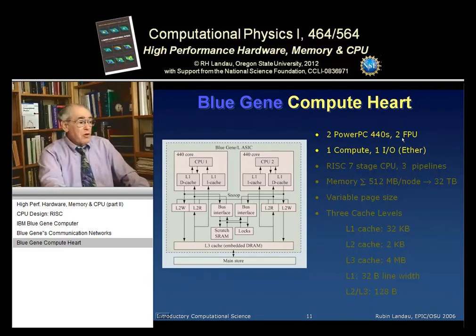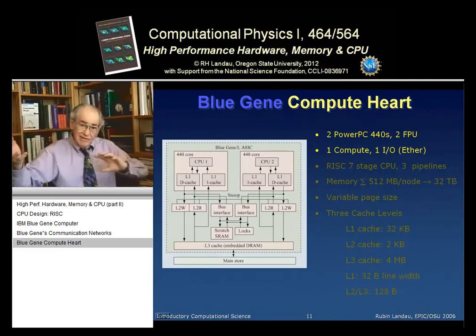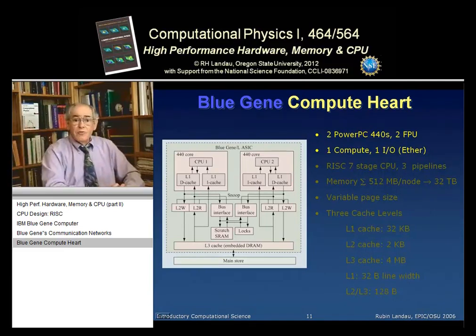But then it has 2 floating point units. So each processor has a special unit designed to handle floating point numbers well. Remember the floating point numbers with the mantissa and the powers, they're meant for scientific processing. It's so important that it's built into the hardware right there. One of these is used for computing, the other is used for communication with the Ethernet.